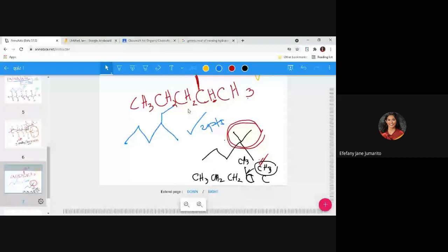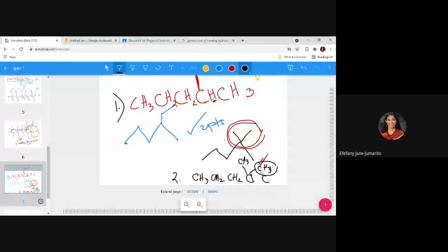Okay, we have this one. Can you see it? Okay, now my question is: is number 2 the same as number 1? This is number 1. This is number 2. Is it the same? No, they are not the same, class.